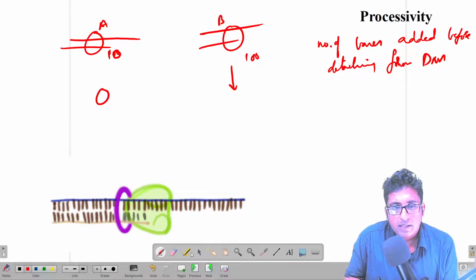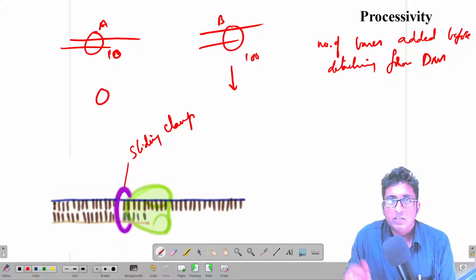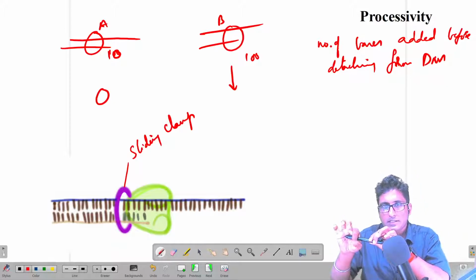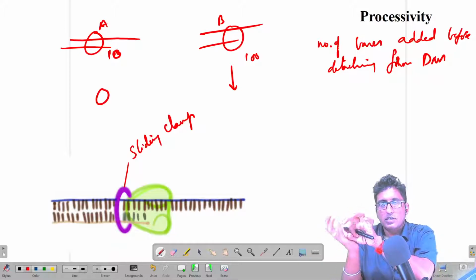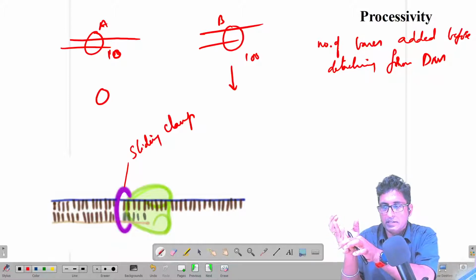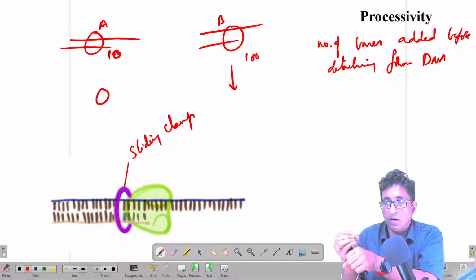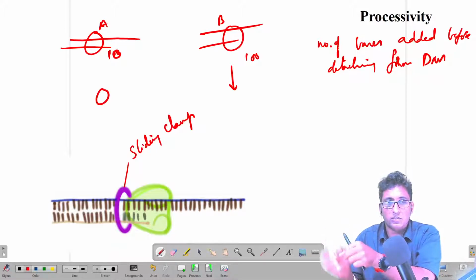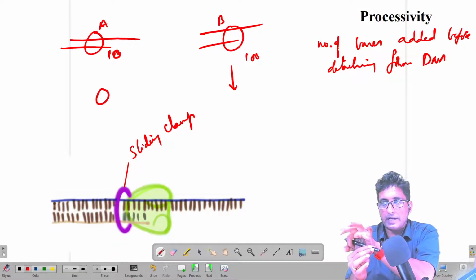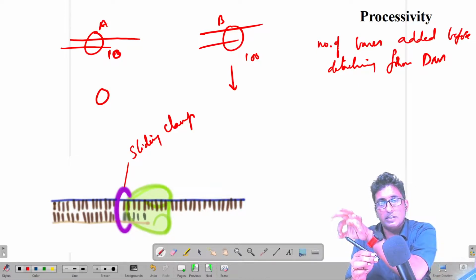For that, there is an enzyme called the sliding clamp, which encircles the DNA like this, and to which DNA polymerase is bound. So now the probability of DNA slipping out is very small, which means there is increased probability of DNA polymerase staying bound to the DNA, and polymerization would occur. The clamp keeps on sliding on the DNA.